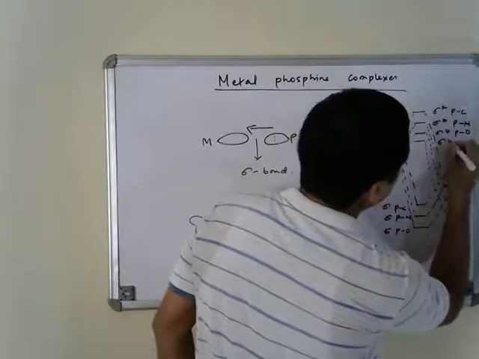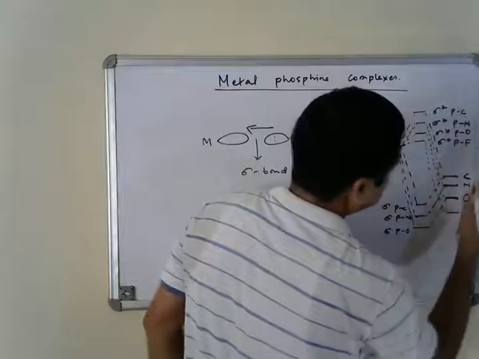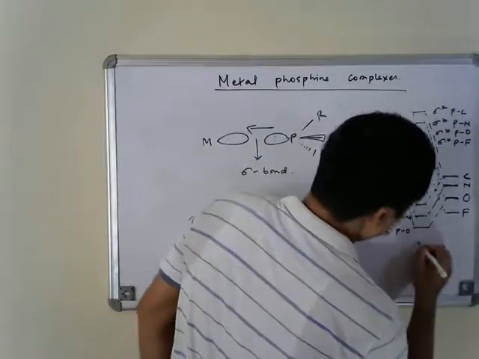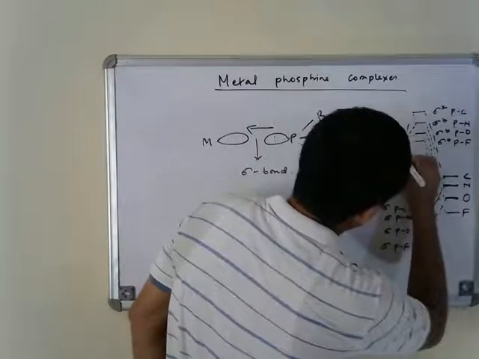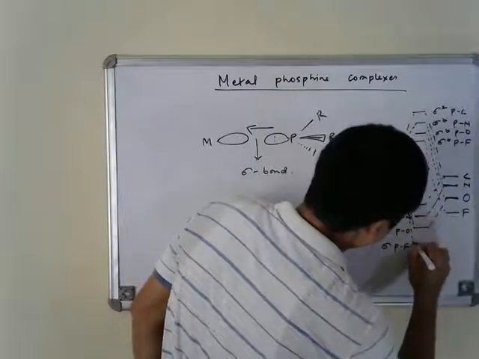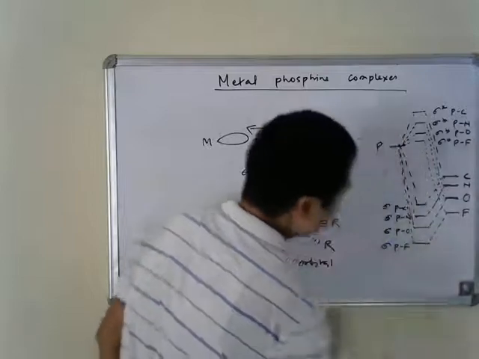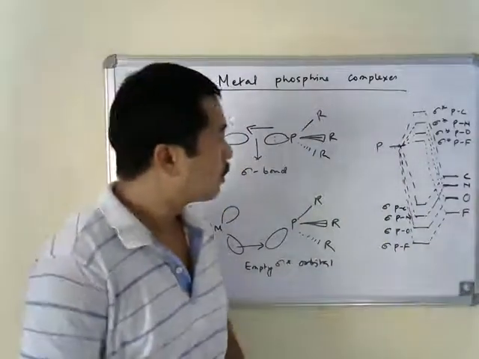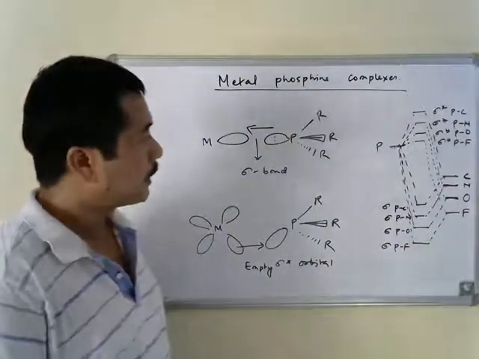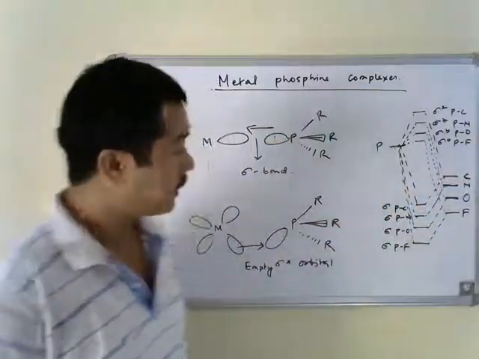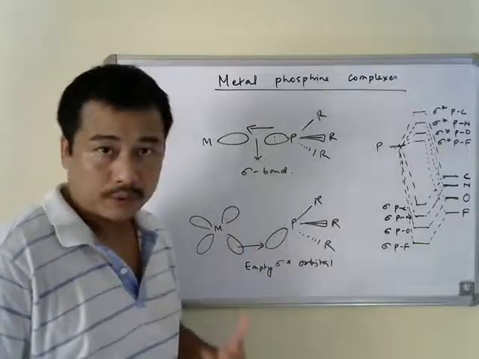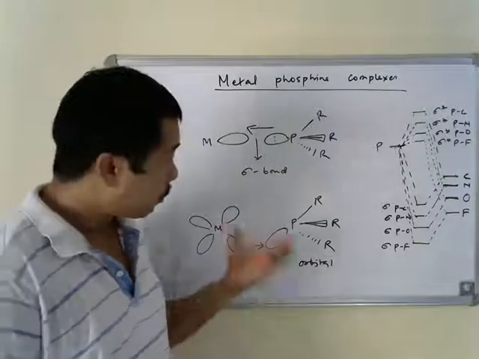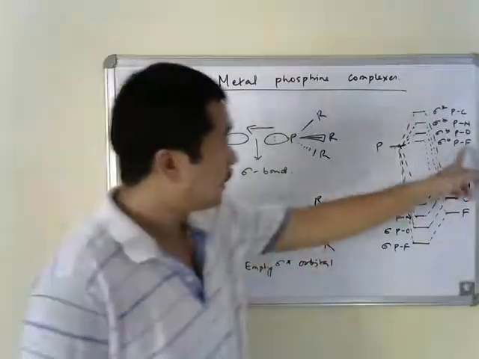Sigma star PF is going to be located here, while sigma PF will be here. So what is obvious from here is that the sigma star orbital has lower energy when the substituent on the phosphorus atom is a more electronegative element like fluorine.